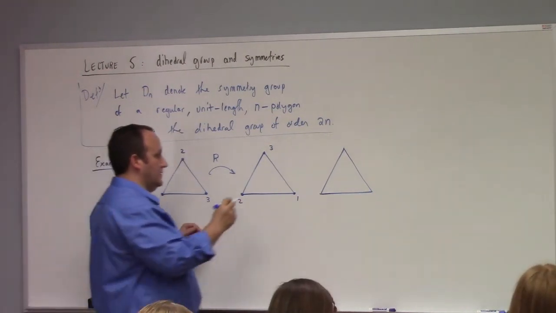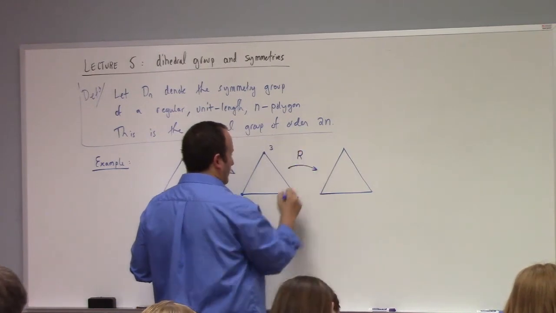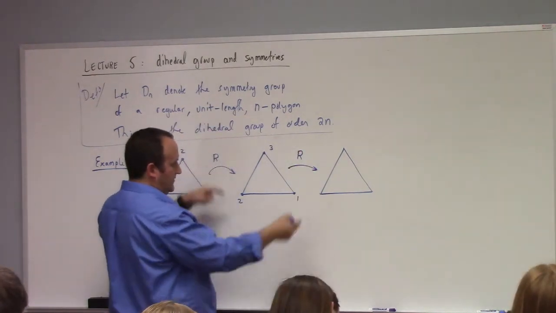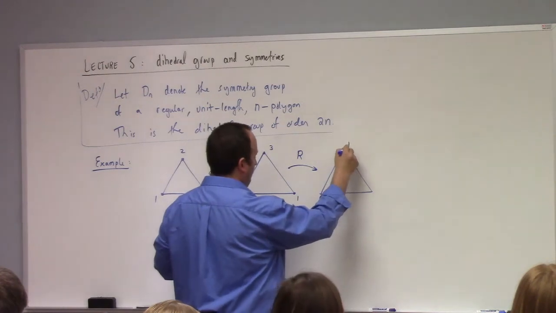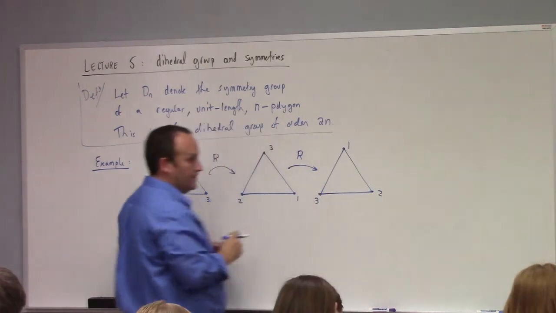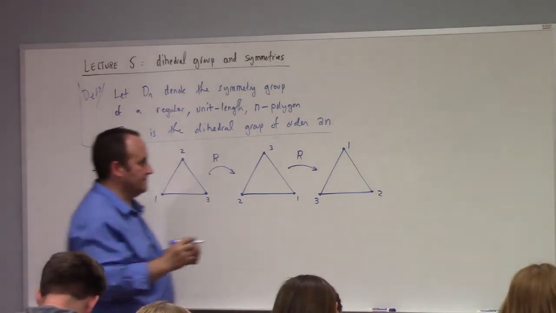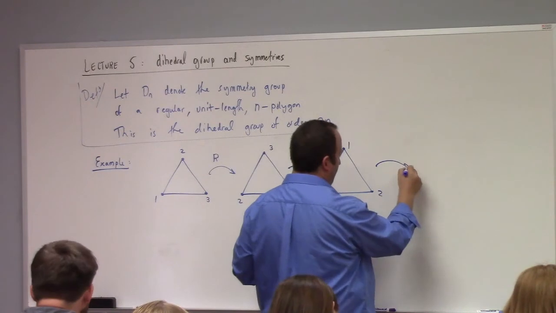Then rotate again. What happens next? Counterclockwise, so 1 goes upstairs, 2 goes over here, 3 goes over there. What happens when we rotate again by 120 degrees?